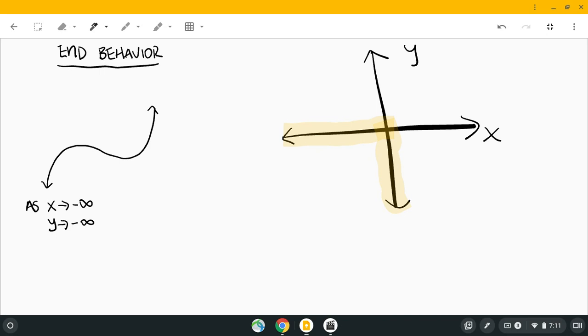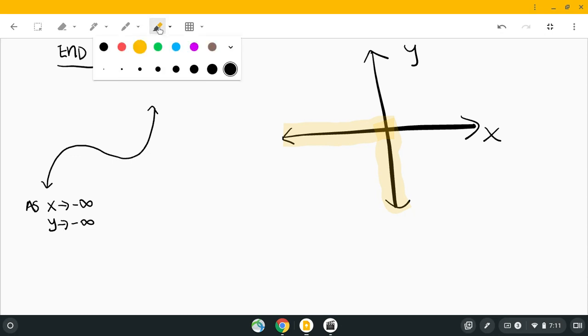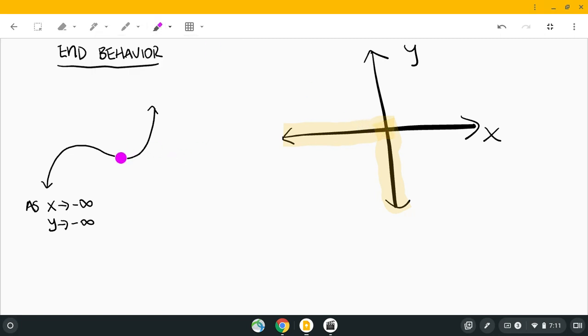All right. And let's take a look at what happens here on the right hand side, the right hand behavior. So as I go towards the right, the x's are going towards positive infinity, right?